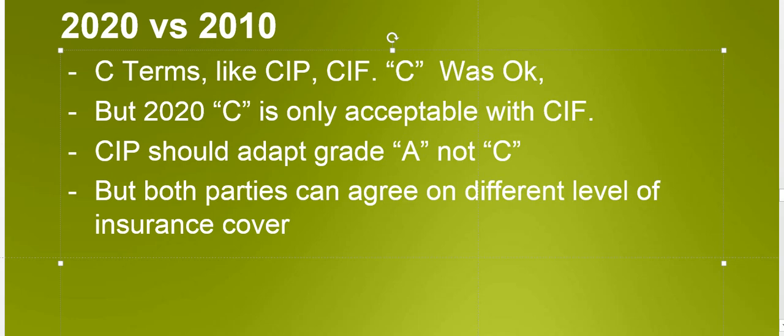So the seller wants lower insurance cover, like C. So between them there is a difference in mutual interest.